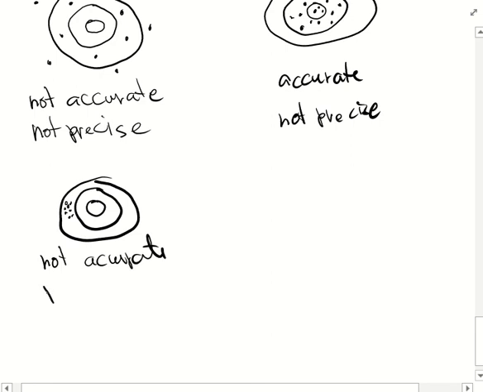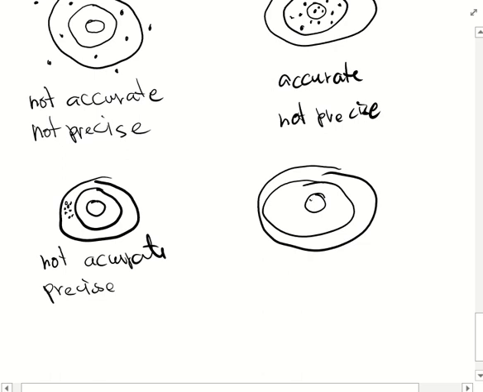But we can say that it is precise because the arrow marks are close to each other. Then how about a precise and accurate marksmanship? If all the arrows are inside this circle, it's accurate and it's precise. So that's the difference between accuracy and precision. They're not the same, they are different.